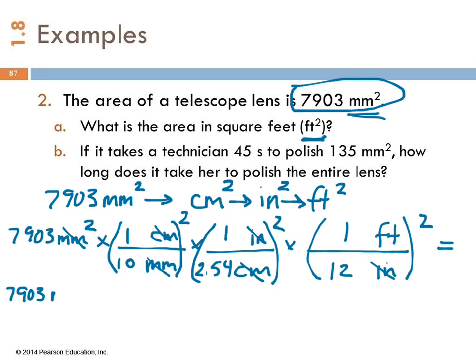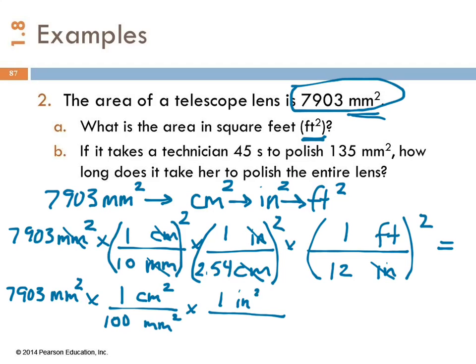7903 millimeters squared times, now when I square the number on the top, 1 times 1 is 1. So that's 1 square centimeter. On the bottom, 10 squared is 100 millimeters squared. Then over here, the top is 1 inch. The whole thing squared, 1 squared is still 1 inch squared.